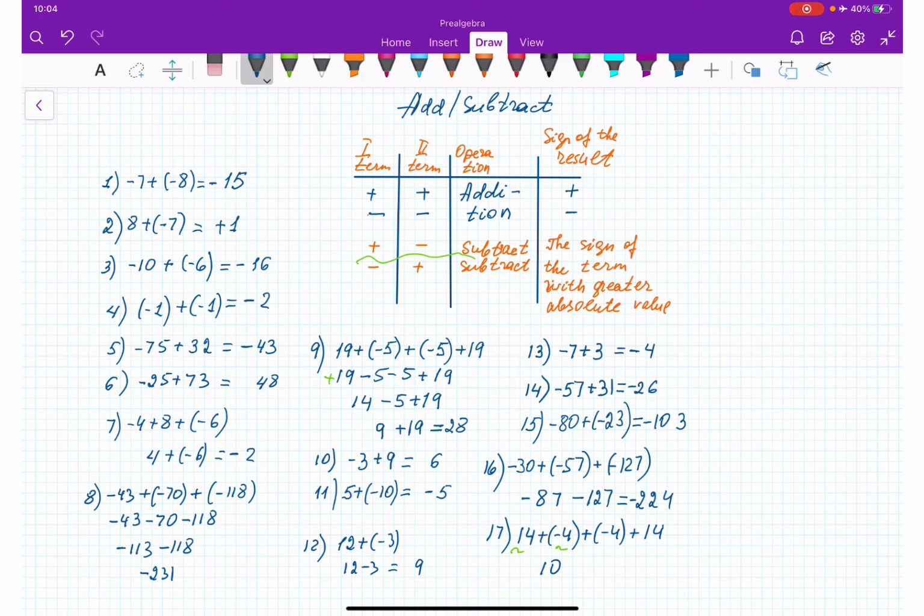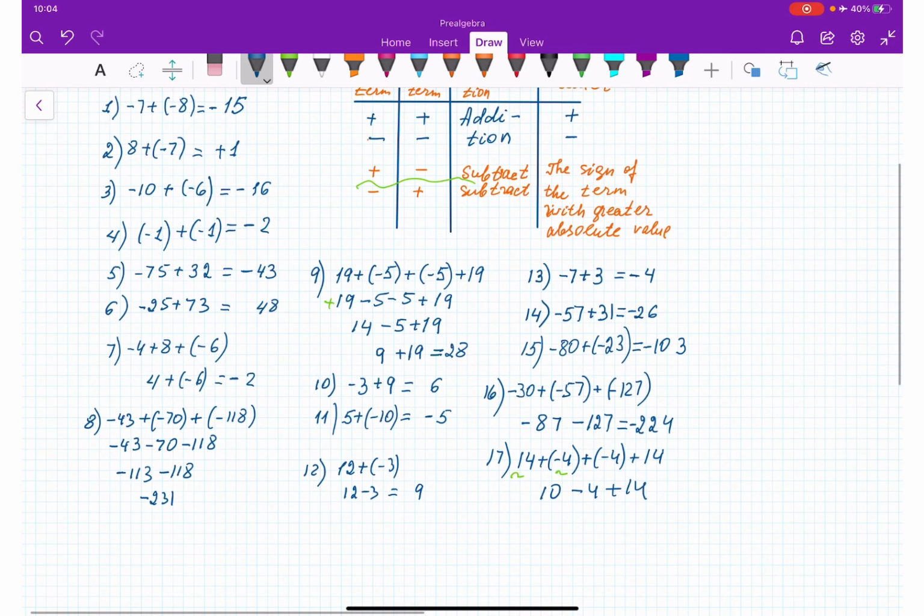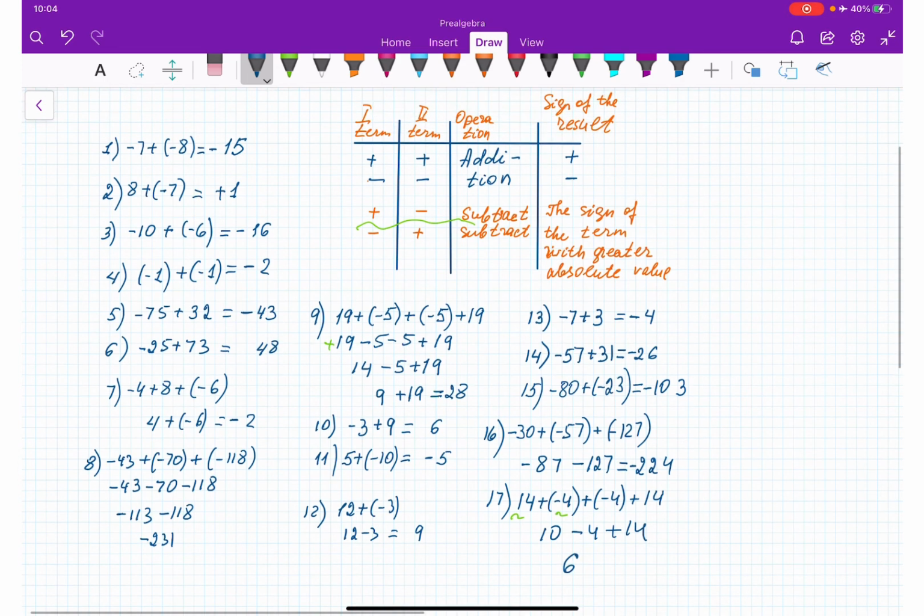Well, let's put here minus 4 plus 14, yeah? So 10 minus 4. There is nothing to think. But I can show you on the template, plus minus. Plus minus, we subtract, which we did. 10 minus 4 is 6, and we use the sign of the bigger number, 10 and 4. 10 is the bigger number, has a positive sign.